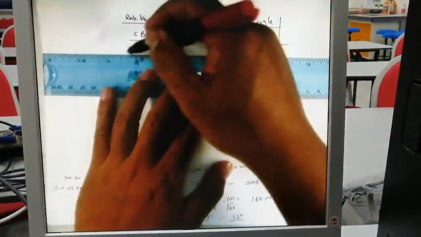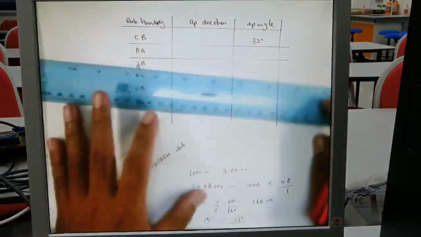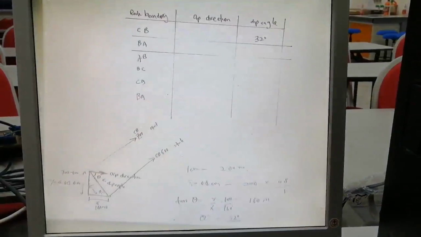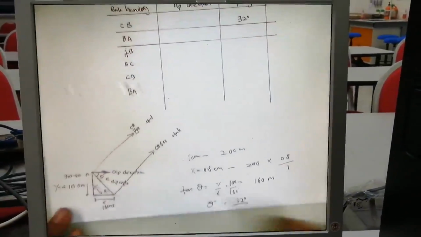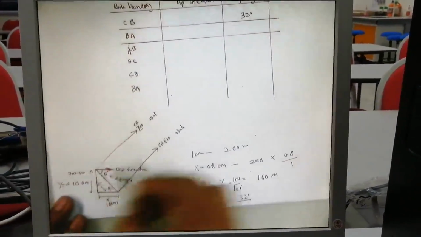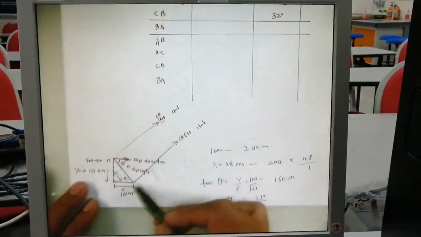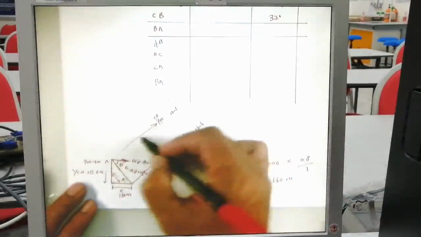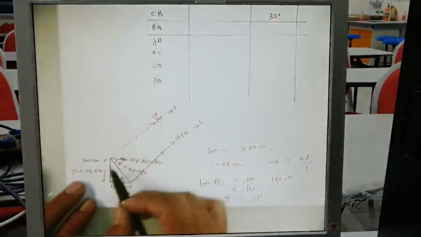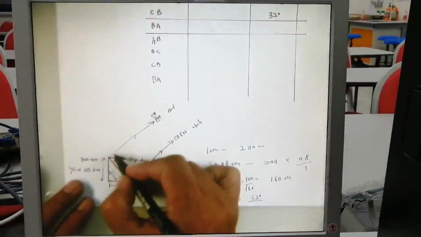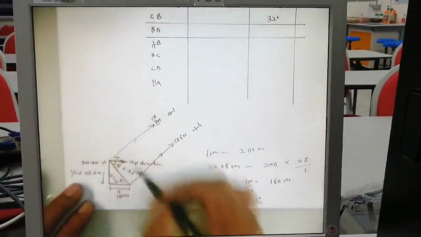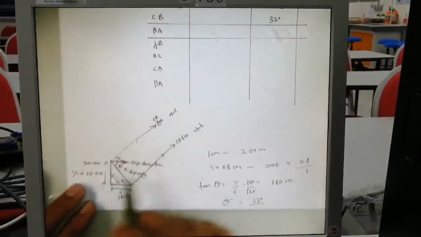Another piece of information that you need is the dip direction. Here we have this parallel straight line, and then perpendicular to this straight line we have the dip direction.